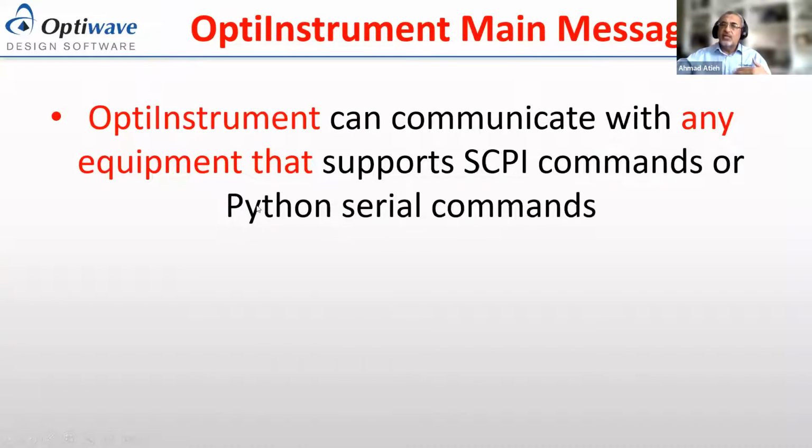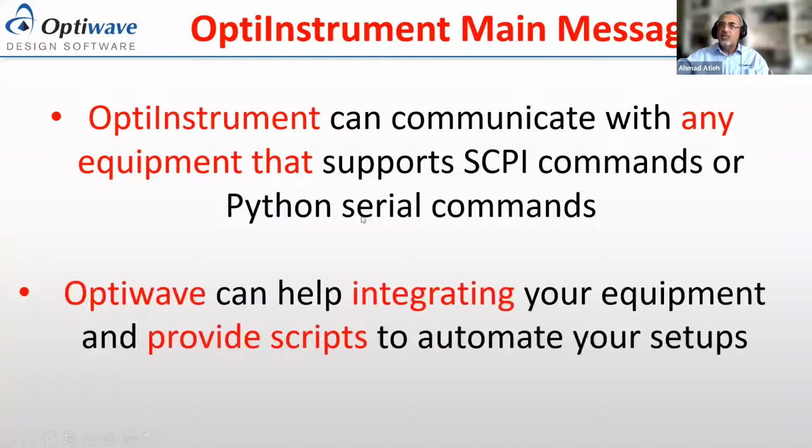As I mentioned, you can talk to any equipment in the market as long as it supports SCPI commands or Python serial commands. So we should be able to communicate with the equipment, set it, and then do the measurements and characterization. The other part is that at OptiWave, we are open to help any user to integrate their own equipment and provide scripts to automate their setups.